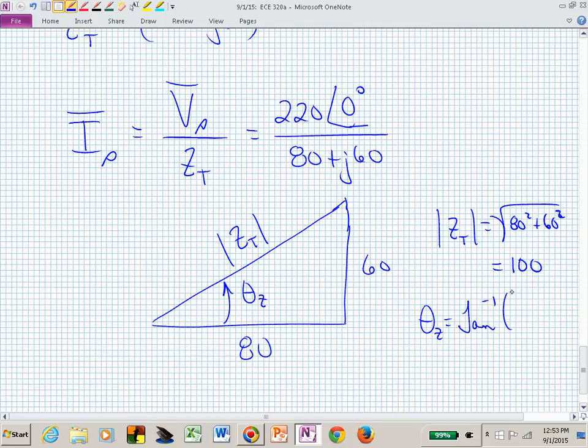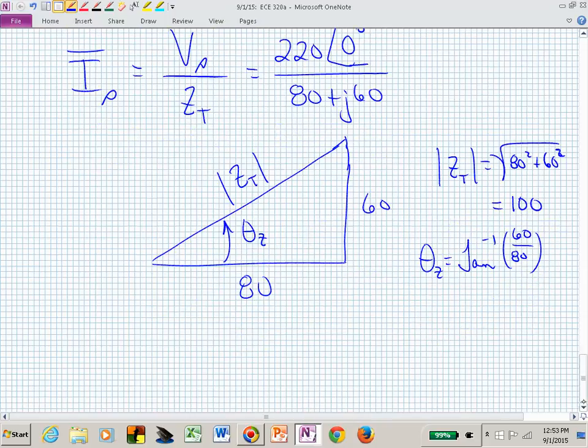Okay, now you can pull out your calculator, of 60 over 80. But you know it's less than 45 degrees, right? And it's one of these standard angles, isn't it? Or one that you'll see floating around maybe in this class a lot. 37 degrees approximately.